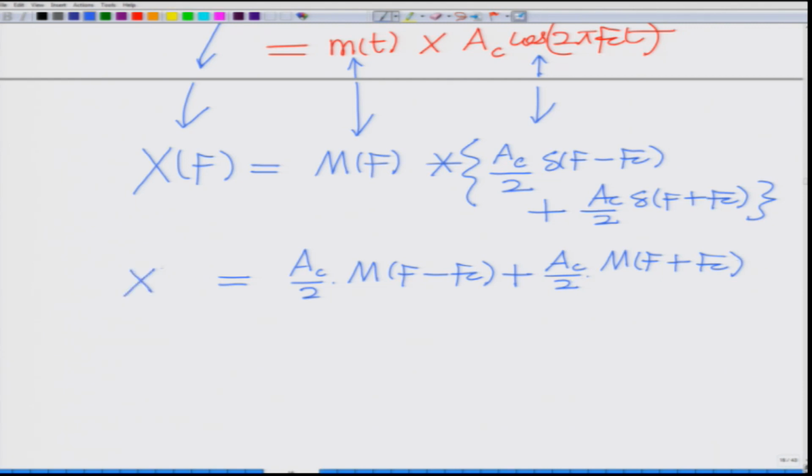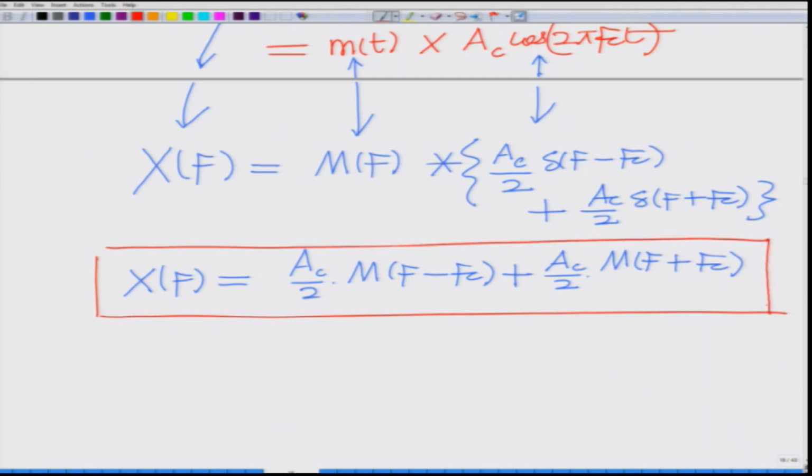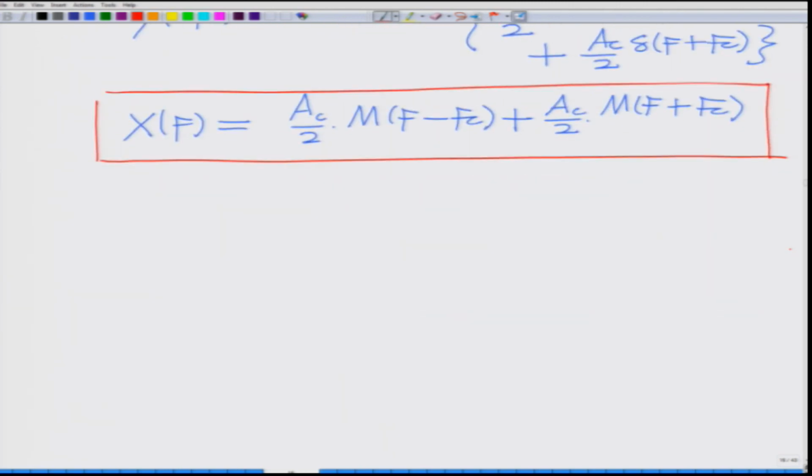So, this is the spectrum of the double sideband suppressed carrier signal.